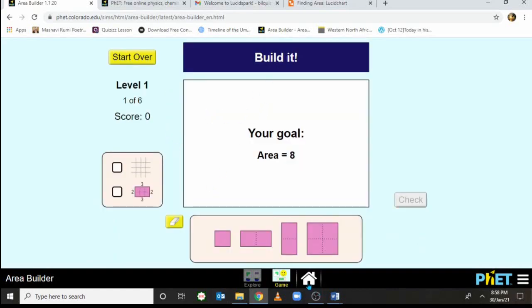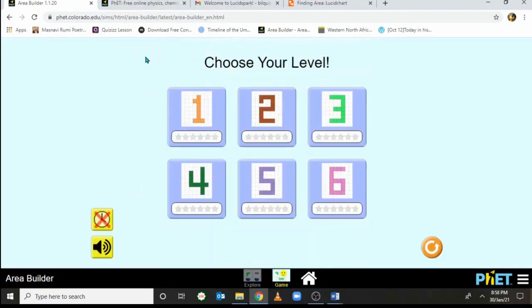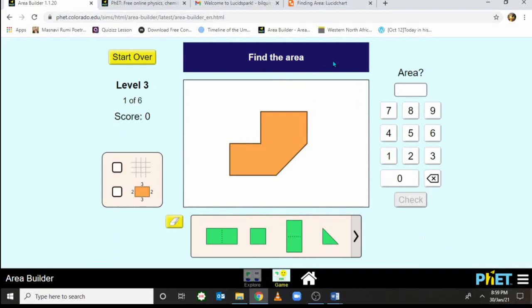In level 1, it's asking to build an area, whereas in levels 3 and 4, this game asks the students to find the area. And the more the level increases, the more the difficulty level will also increase.